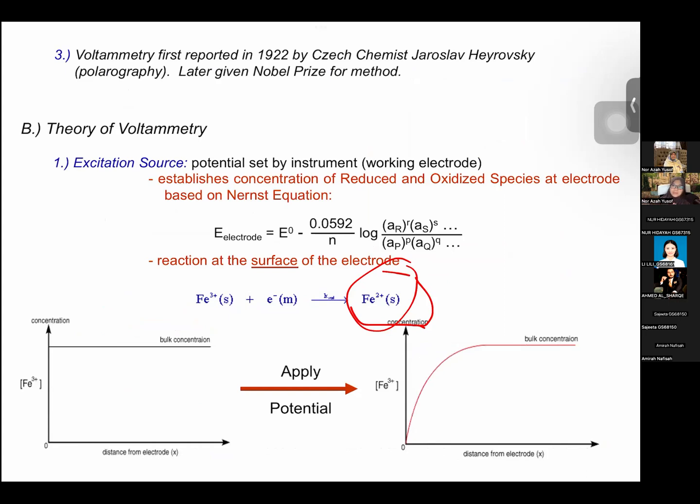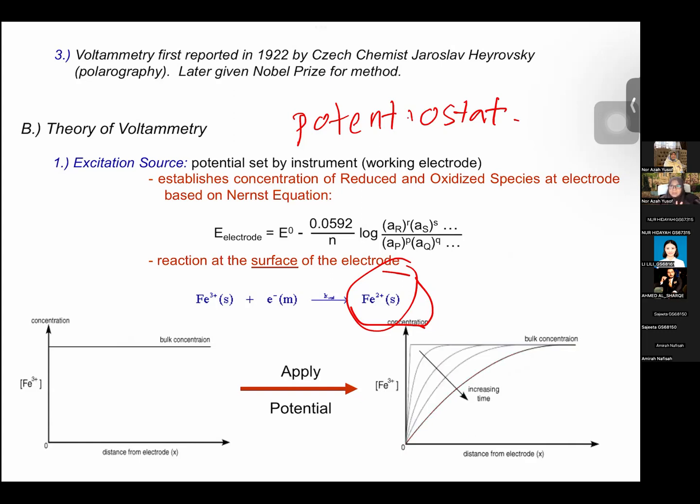And the machine that supplies potential is called the potentiostat. So I hope you don't get confused. Potentiometry is a method. Potentiostat is a machine that supplies potential.